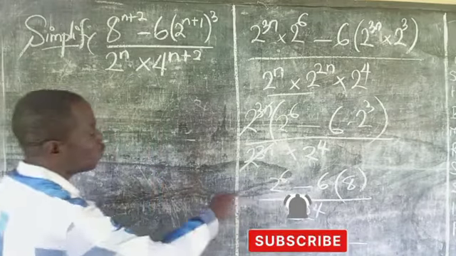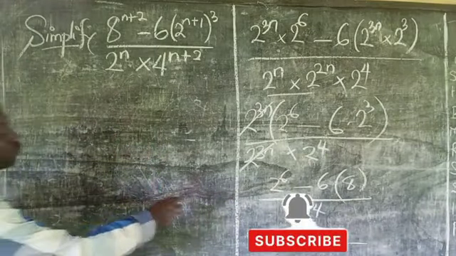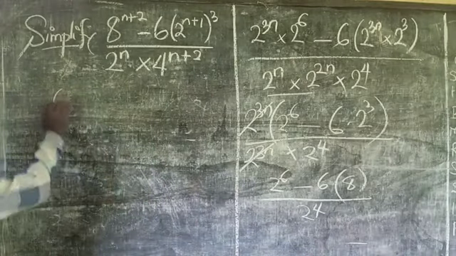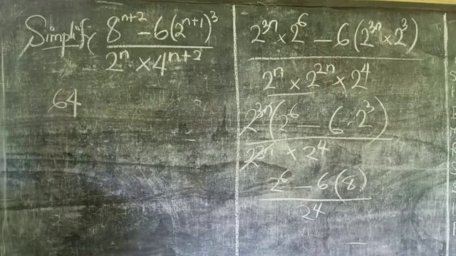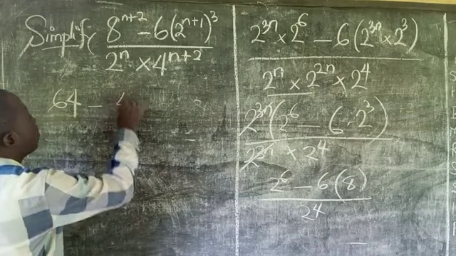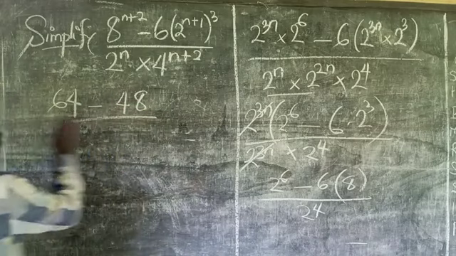So if you do this, we're going to say 2 raised to the power 6 is 64, minus 6 times 8 which is 48, all over 16.